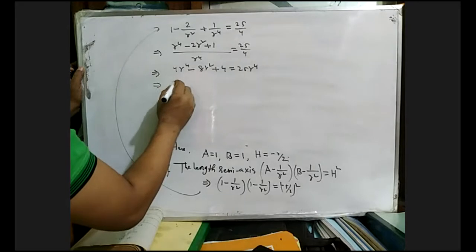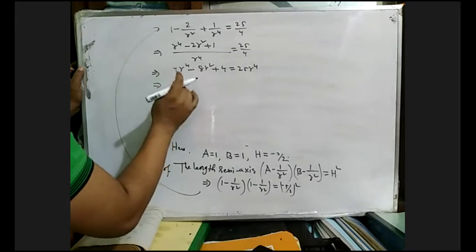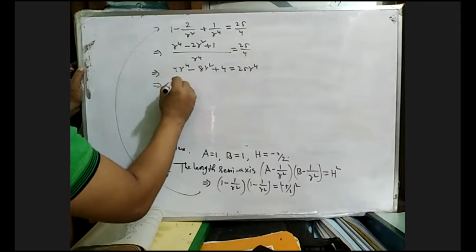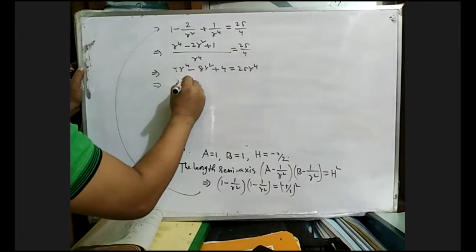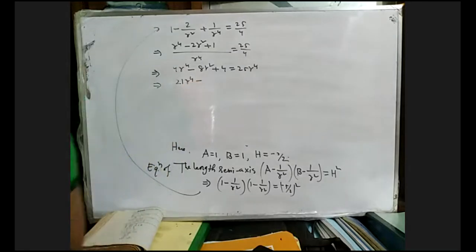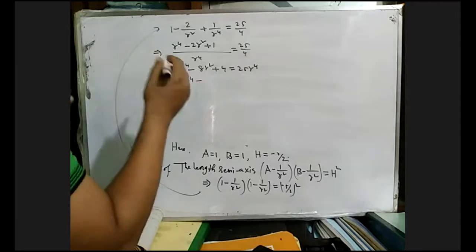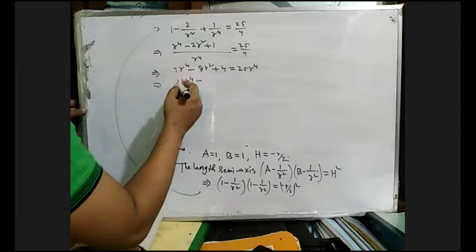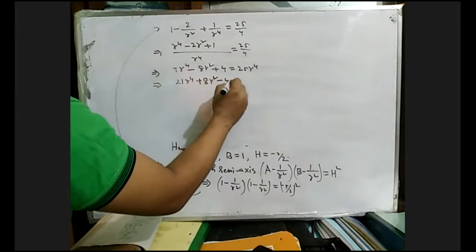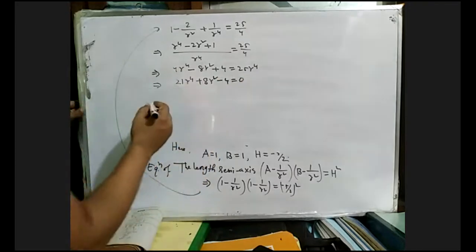So 25 minus 4 is 21 r to the power 4, plus 8 r square, minus 4 equals 0.